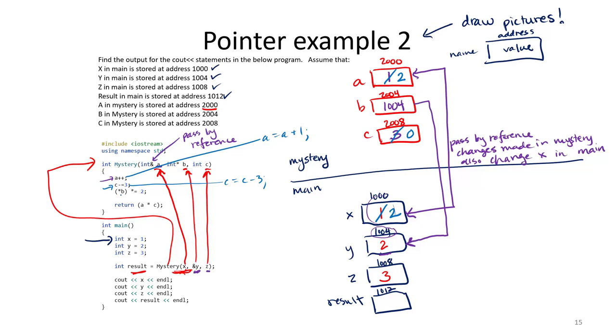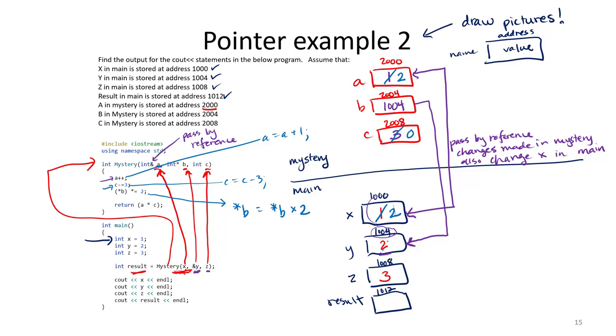Finally, last one. Asterisk b, asterisk equals 2. So here, I'm writing asterisk b equals asterisk b times 2. So I'm going to go where b points, that's this value 2.